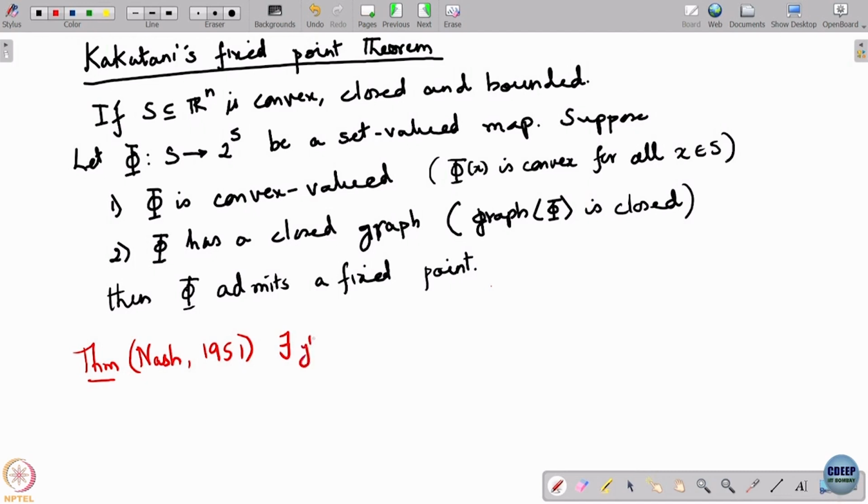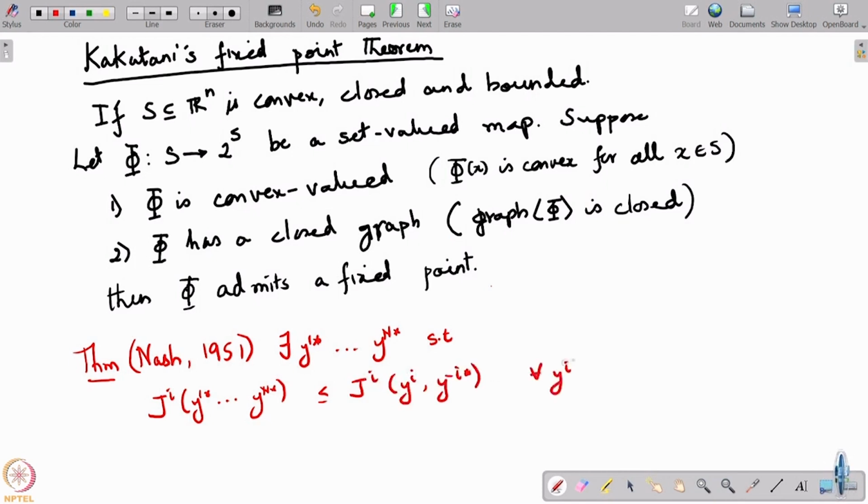There exists a y1 star to yn star such that ji of y1 star to yn star is less than or equal to ji of yi comma y minus i star, for all yi in capital Yi and for all i in n. This is what we are going to prove.